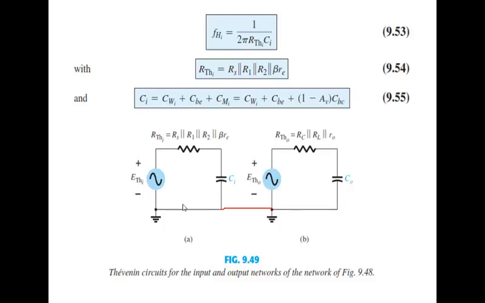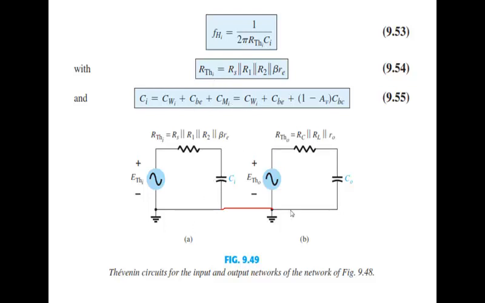So for the input section, the cutoff frequency would be fHi, and it would be equal to 1 over 2 pi R into C. R is R Thevenin I and C is the Ci. So 1 over 2 pi R Thevenin I into Ci, where R Thevenin I is this and Ci is this.